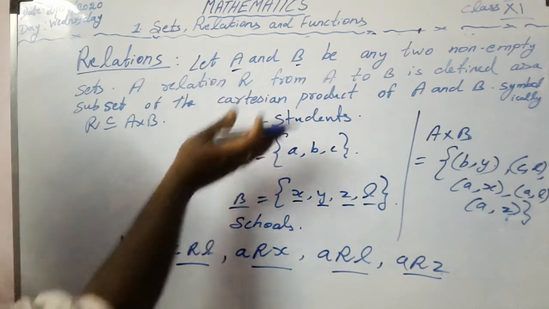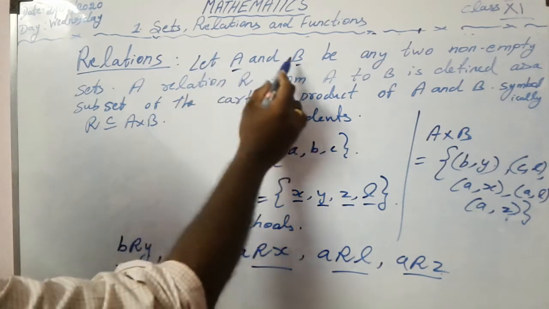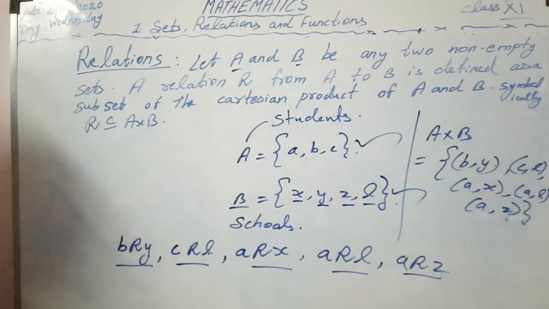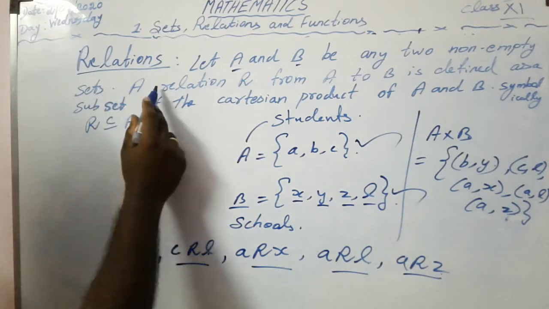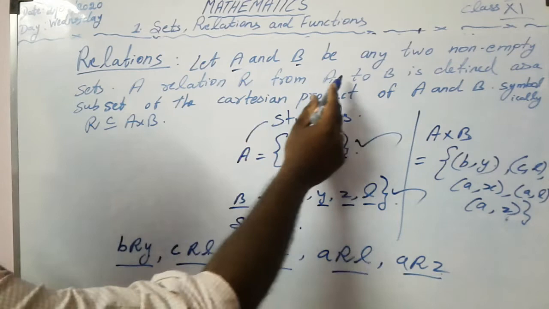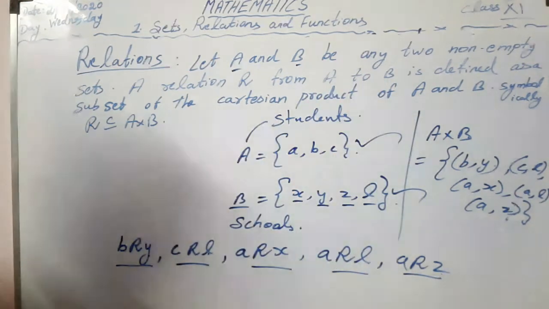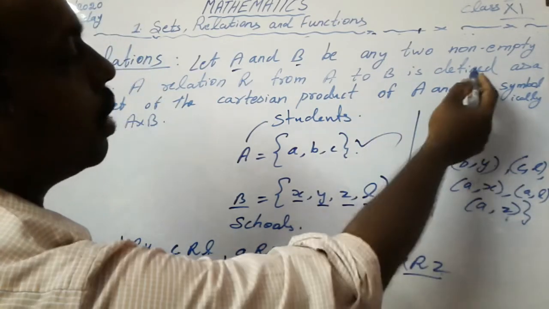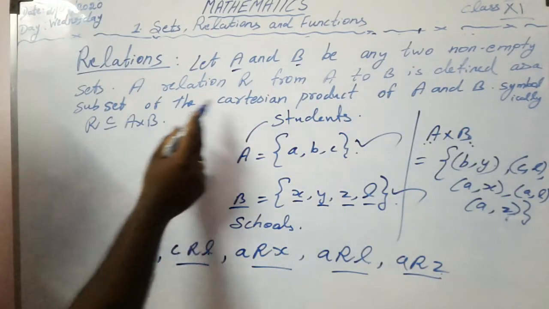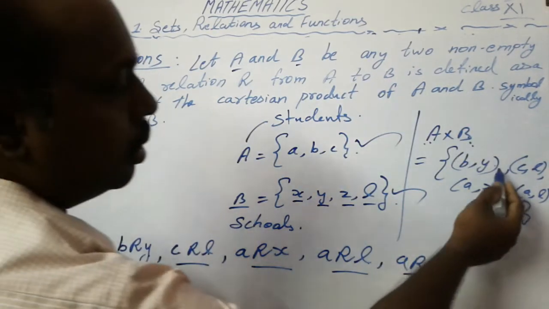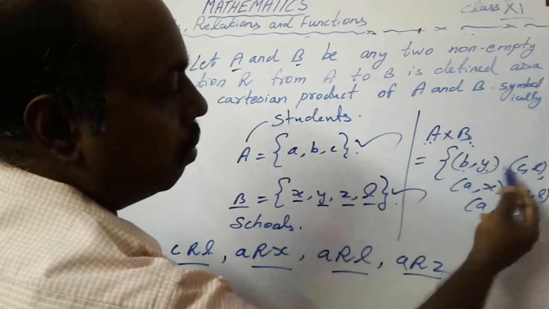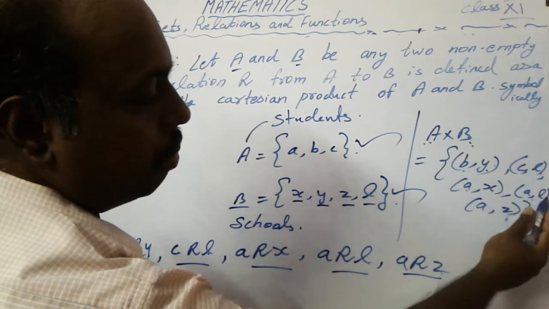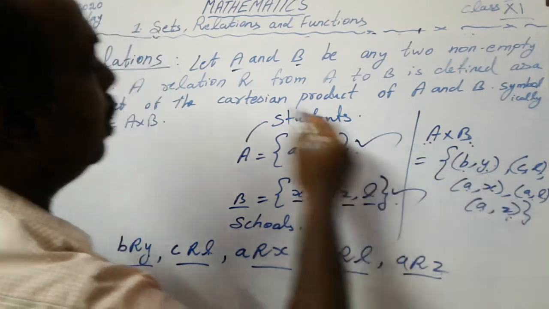So now come to the definition. Let A and B be any two non-empty sets. A relation R from A to B, that is A into B, is defined as a subset of the Cartesian product. These are the subsets, am I right? (b, y) is a subset, (c, l) is a subset, (a, x) is a subset, (a, l) is a subset, (a, z).